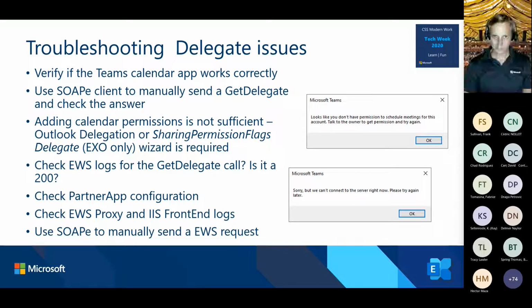In order to have the delegate on this list, you have to use the Outlook delegation wizard, which is triggered in Outlook directly, so it can't be done in OWA. Or for EXO mailboxes, you can run the Add-MailboxFolderPermission cmdlet, but you have to add the SharingPermissionFlags Delegate parameter to it to have the delegate added to that list.